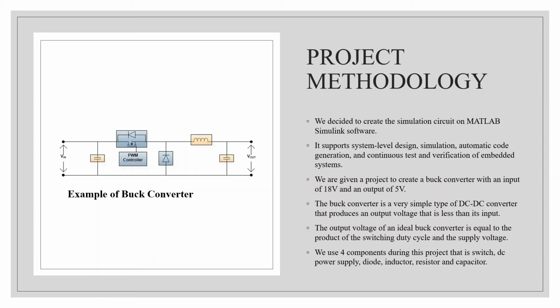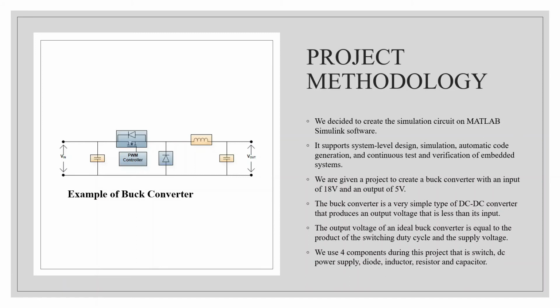There are five components that we are going to be using to create the circuit: resistor, switch, diode, inductor, and capacitor. So the job of the buck converter is to step down from a higher voltage to a lower voltage.